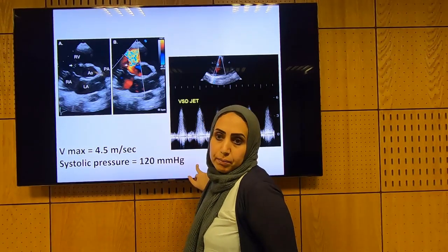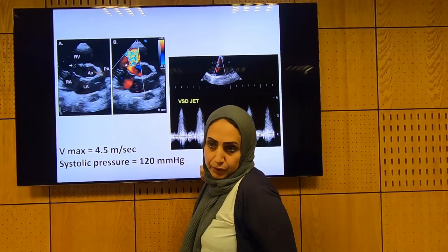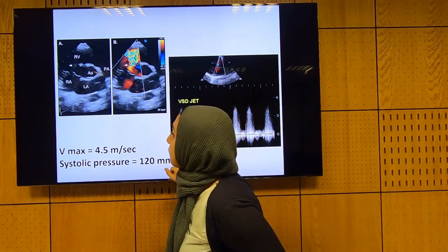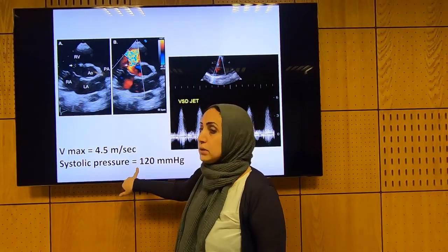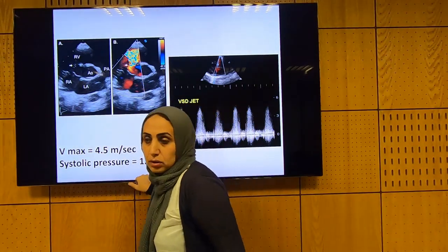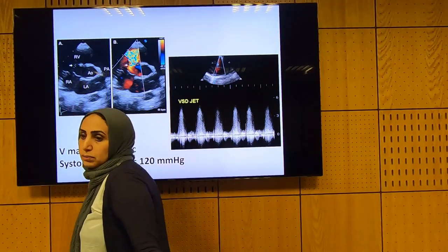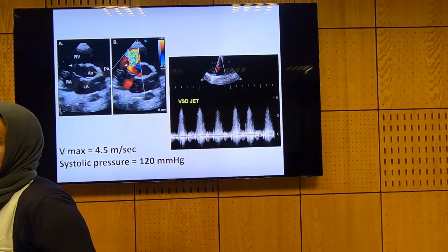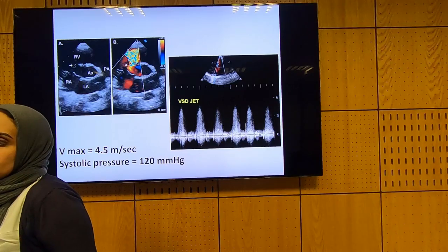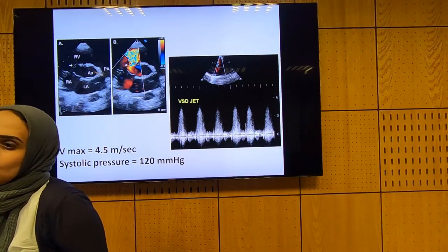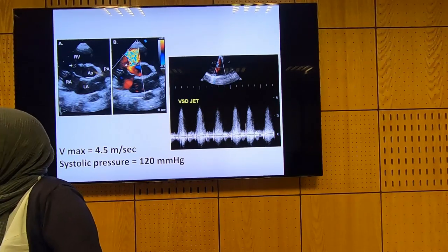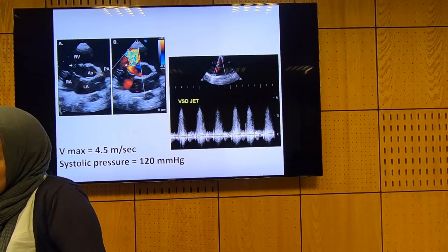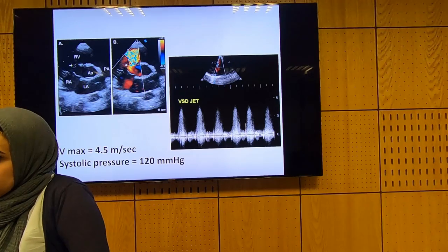So is systolic blood pressure equal to RV pressure or LV pressure? LV pressure, okay. So we now have the pressure in the LV, which is 120. And he asked me about the RV systolic pressure. Can anybody do this calculation? 4.5 multiplied by 4, 81.